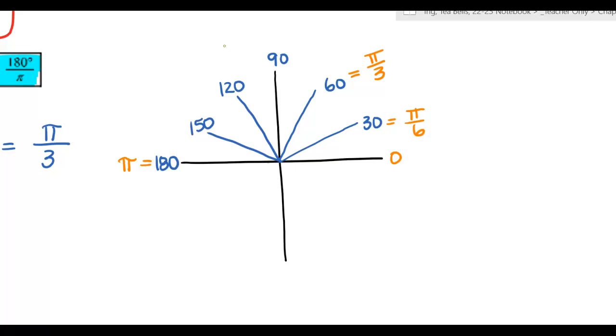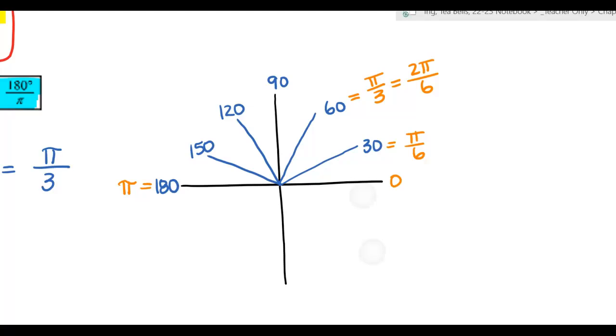The reason 60 is pi over 3 is because it's just the simplified 2 pi over 6, since it's these 2 pieces of the upper half of our coordinate plane. Once we get to 90, this would be our third piece, so 3 pi over 6, which is really pi over 2. 120 would be 4 pi over 6, which simplifies to 2 pi over 3. 150 would be 5 pi over 6. And then at 180, we would have 6 pi over 6, which simplifies to pi.